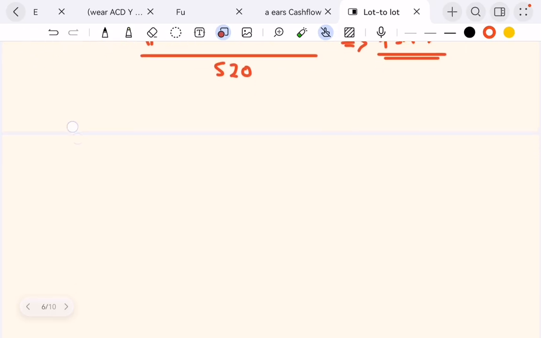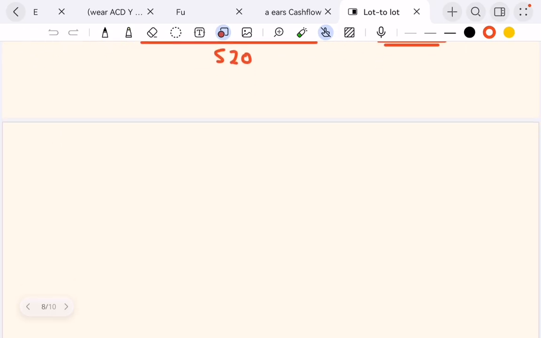So the holding cost will be: holding cost is equal to projected minus demand there, times the holding cost in the question.